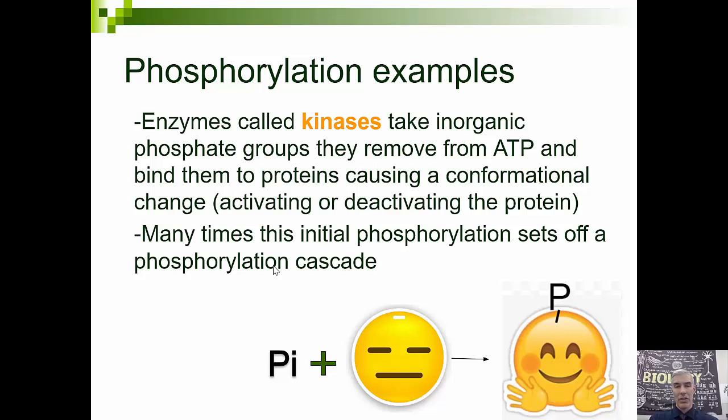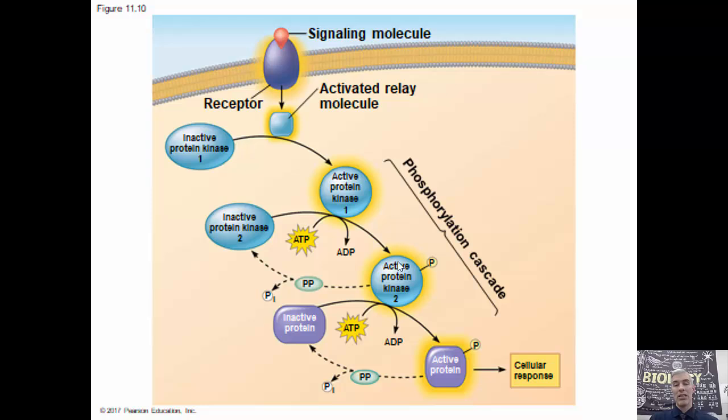It causes a conformational change in the protein, causing it to become either an active or an inactive form of that protein. A lot of times that initial phosphorylation sets off what's called a phosphorylation cascade. In a phosphorylation cascade, remember, kinases will actually activate other kinases through phosphorylation. So there are different types of kinases here.